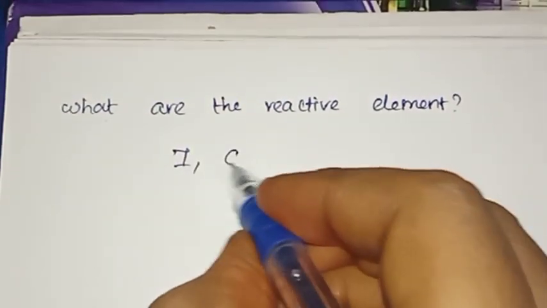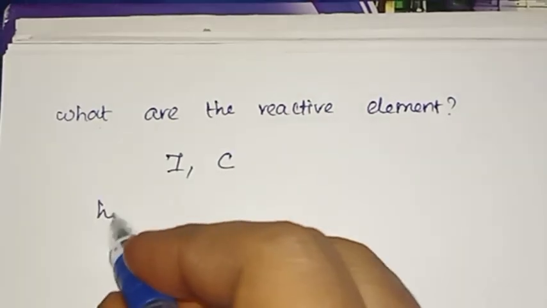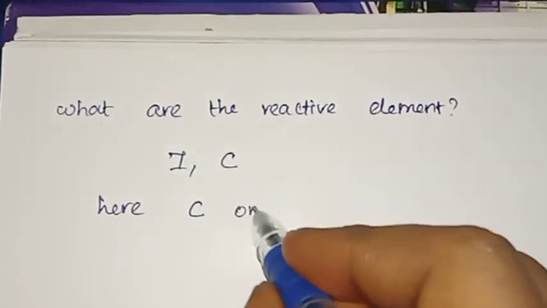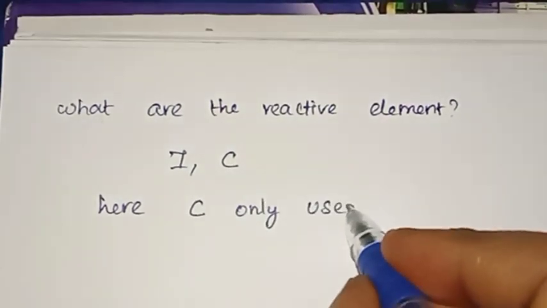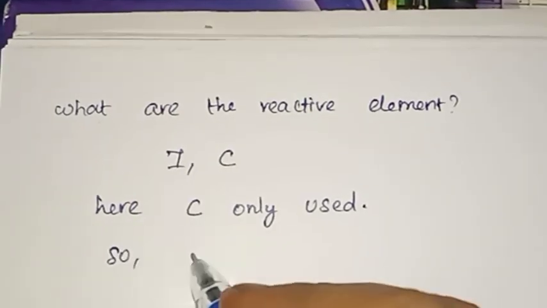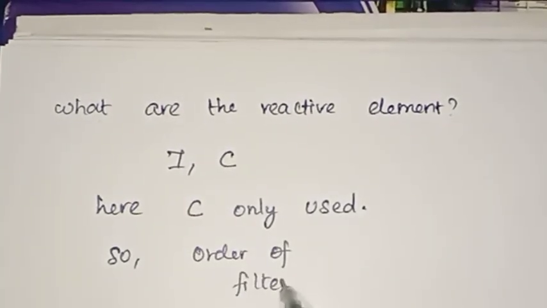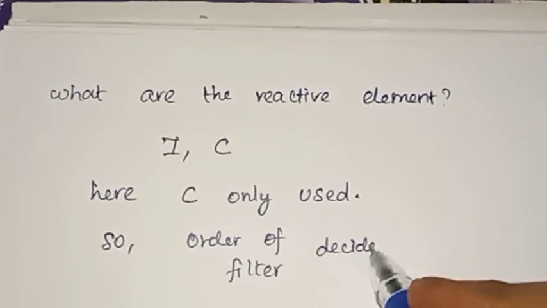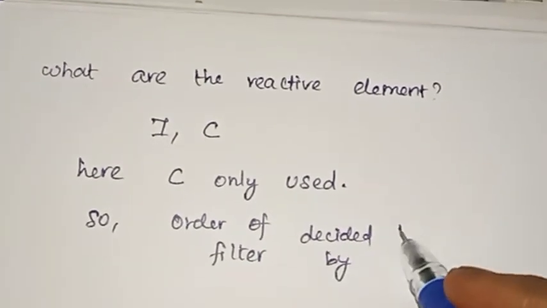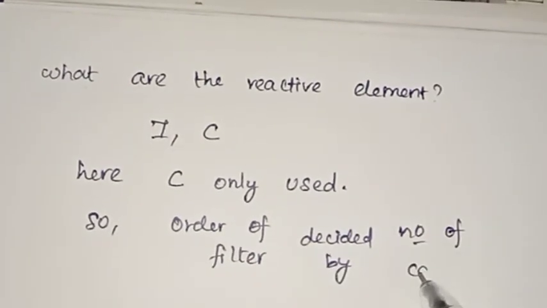The first one is inductor and second one is capacitor. But here capacitor only is used. Inductor is not used. So the order of filter is decided only by number of capacitors in the circuit.